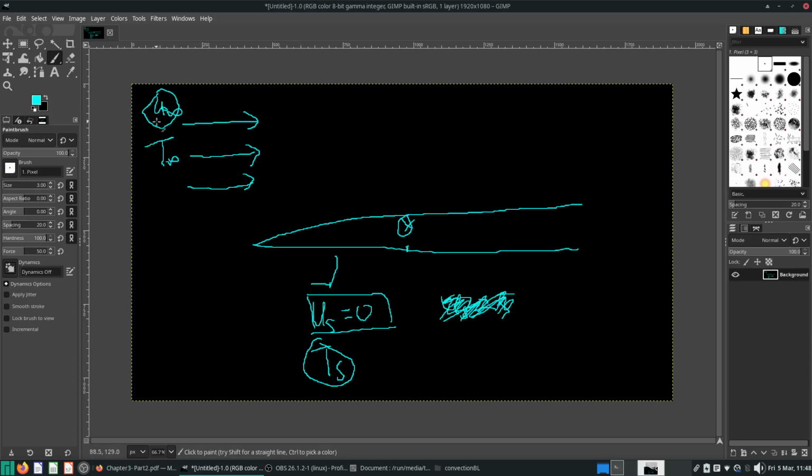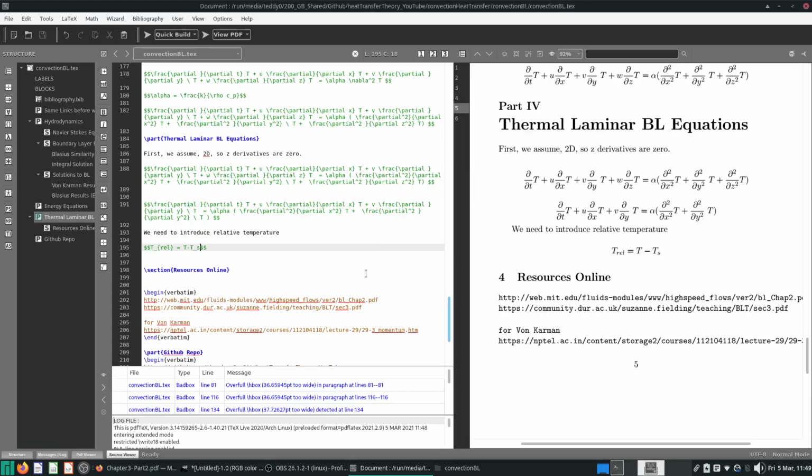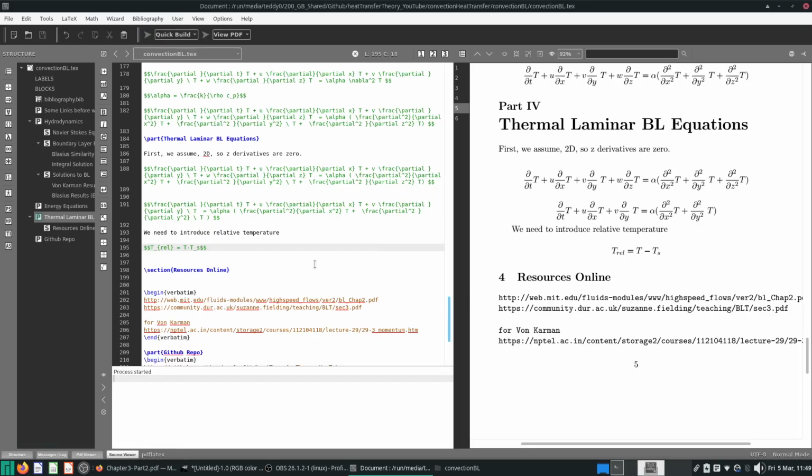Just like for velocity, the importance is the velocity difference between this free stream velocity and the plate velocity, which in most cases is just 0. So we always use relative temperature and relative velocity, just that in a thermal boundary layer it's a bit more in your face, more obvious. So we like to use this variable T minus Ts.